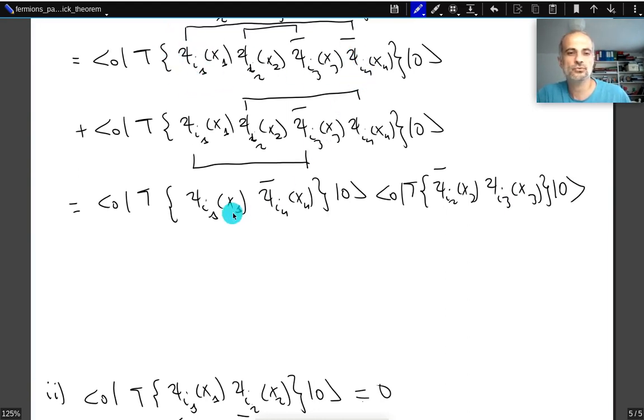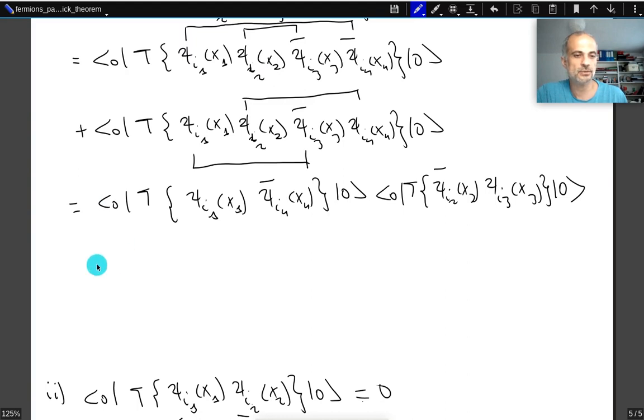Now note that to be able to write these fields in this form, I took this operator, commuted it with this field and also this field. So every such commutation, even if it's under a time ordered product, brings a minus sign. Since there are two minus signs, the sign didn't change.